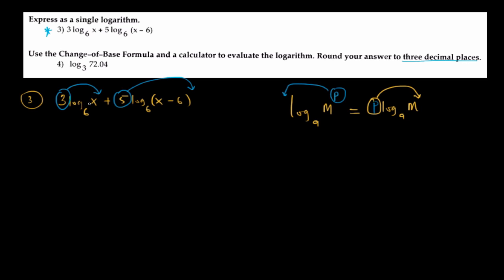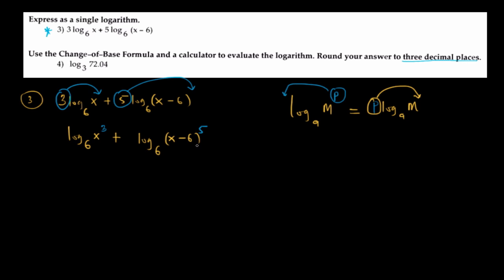Applying this, 3 log to the base 6 of x becomes log to the base 6 of x cubed. Then plus 5 log to the base 6 of (x − 6) becomes log to the base 6 of (x − 6), with the 5 becoming the power.